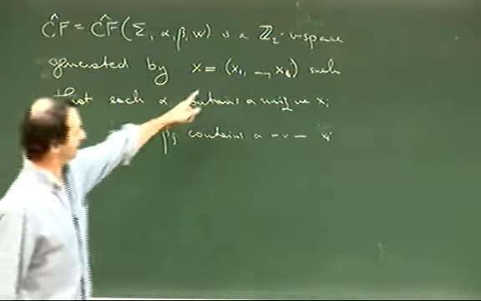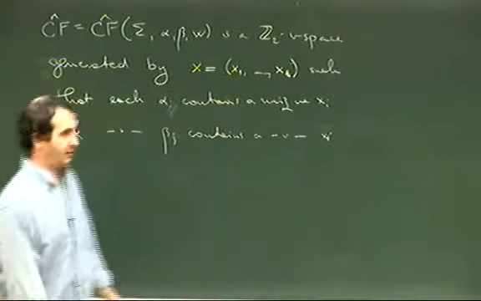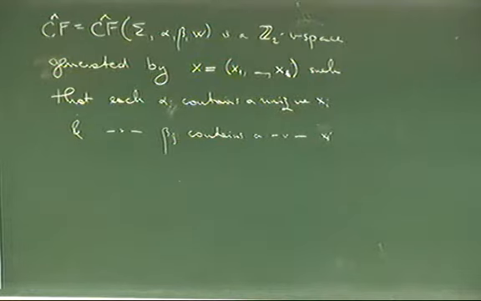And we have exactly k, so they must be the intersection points of the alphas and the betas. And one alpha contains a single one, and one beta contains a single one.